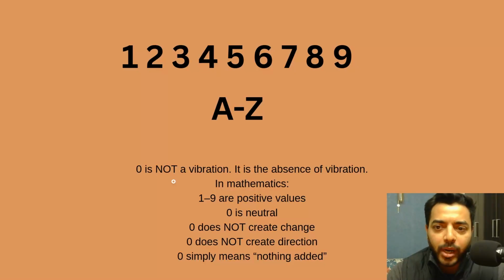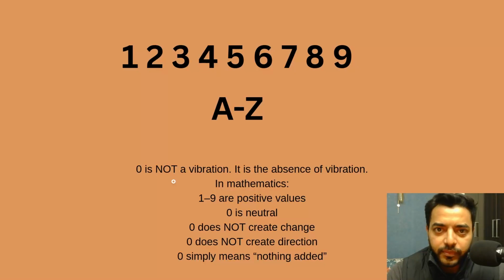One is the numbers 1 to 9, that's 1, 2, 3, 4, 5, 6, 7, 8, 9, and the letters of the English alphabet, A to Z. So the Pythagorean system of numerology depends only on the English alphabet, letters from A till Z, right?